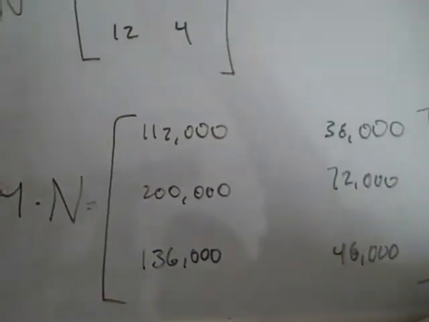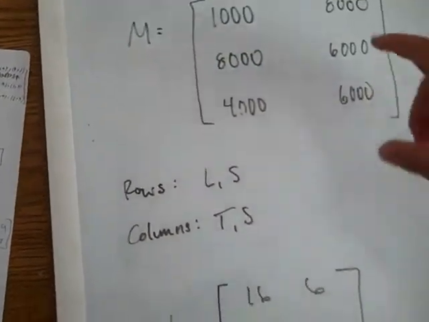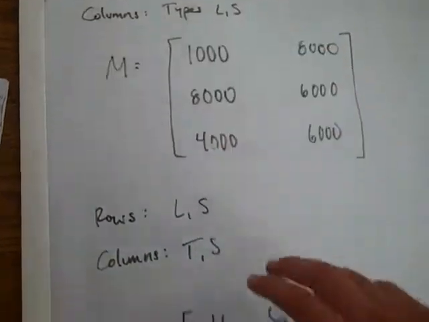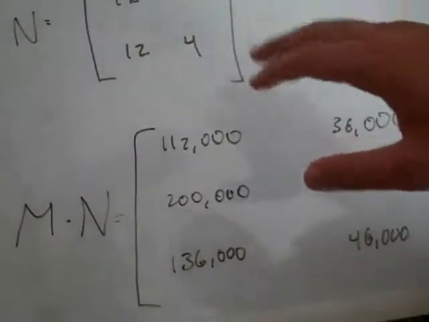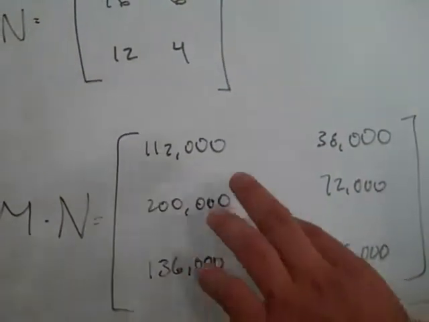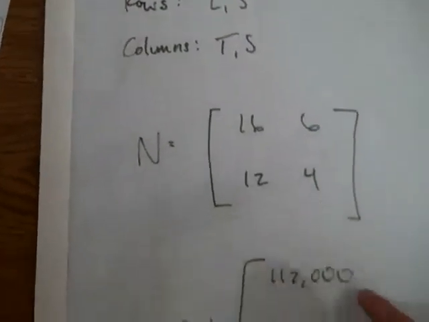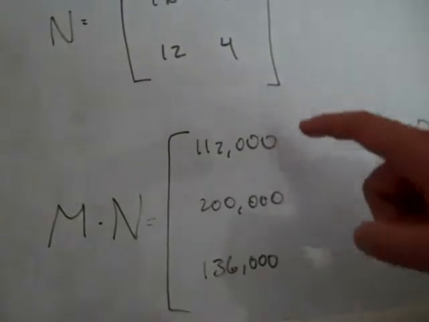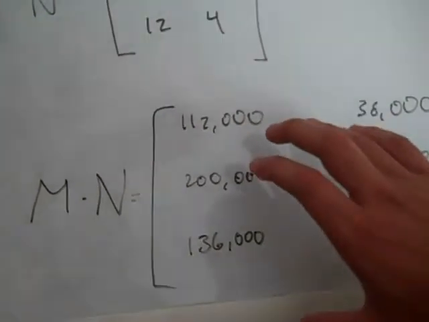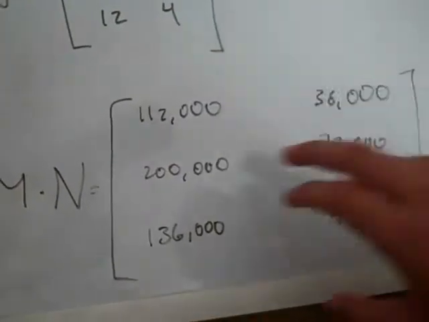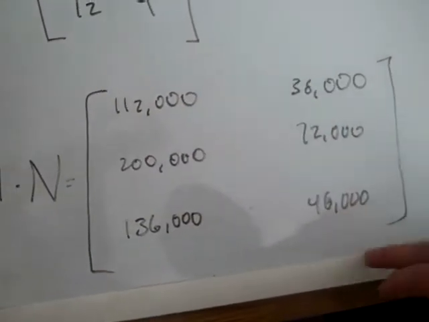It's this multiplied by this, and so it would be row by column, right? And so for the first model A, large, we can make 112,000, B 200,000, and C 136,000. And then for small, we have 38,000, 72,000, and 48,000.